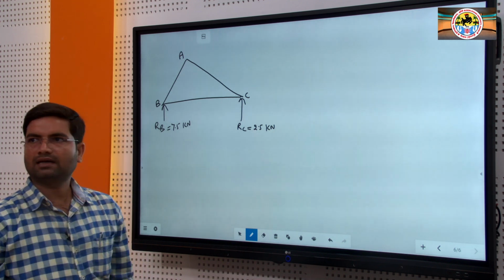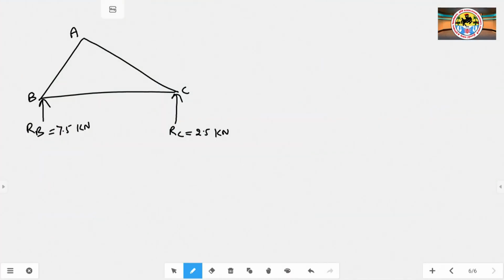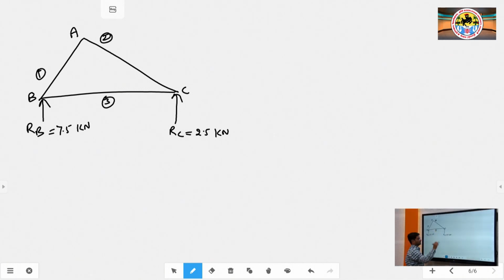Now, we have to find the forces on each and every member of this truss. So, here how many members are there? First member, second member and third member. There are 3 members. So, by applying the method of joints, we will find the forces acting on each and every member of this truss.